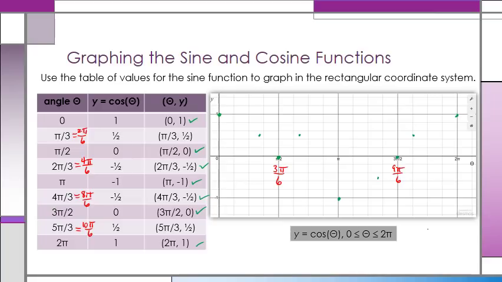And I just saw a mistake that I made. Do you see the mistake I made? I got so busy graphing 1/2 that when I graphed this point, 2 pi over 3, negative 1/2, I graphed that as positive. So this point should be gone, and it should become 2 pi over 3, negative 1/2.